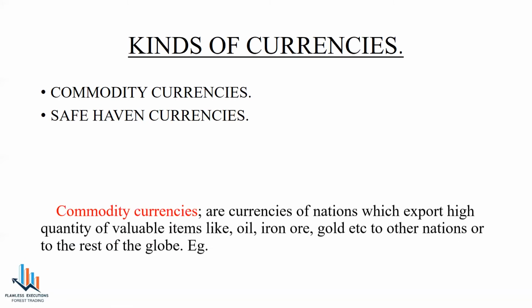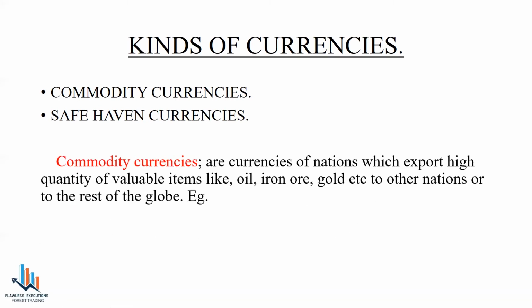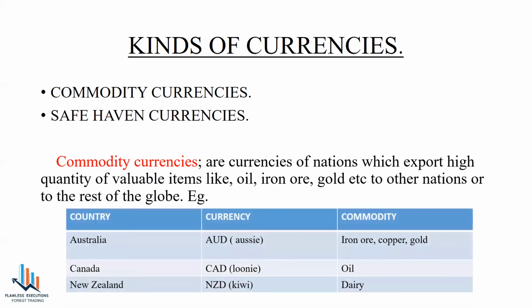So what are commodity currencies? They are currencies of nations which export high quantities of variable items like oil, iron ore, gold, etc. to other nations or to the rest of the globe. So in these 8 most liquid trading currencies, the ones that export high quantities of variable items like I've listed here are called the commodity currencies. And we have 3 in the 8 most liquid currencies we have in the world. They are Australia, that's the AUD or the Aussie.